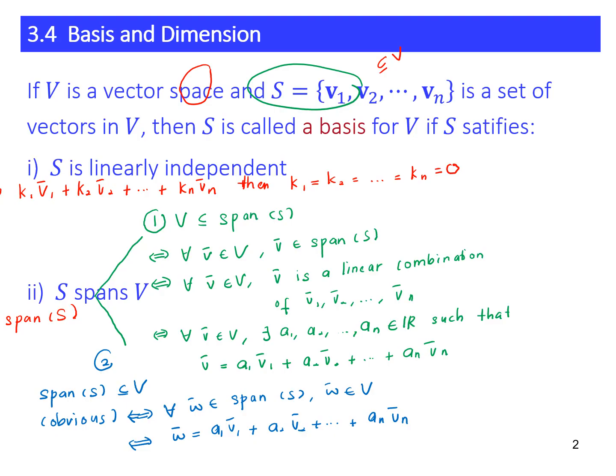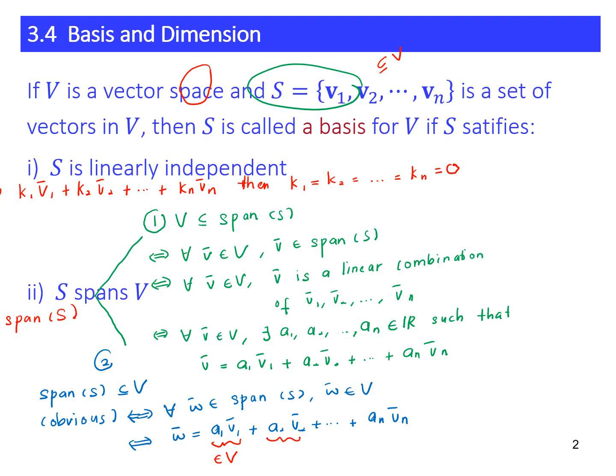And we know that the vector V1 is in the vector space V, and since A1 is a scalar, therefore the scalar multiplication of A1 and V1 stays in V from the second axiom of the vector space.